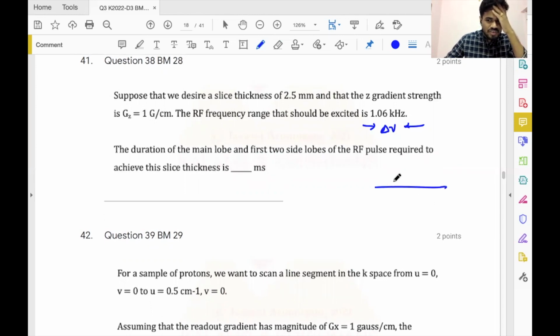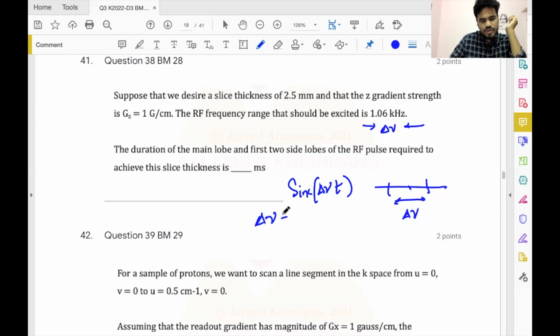If you want frequencies in the range delta nu, the corresponding sinc wave we are looking at is sinc of delta nu times t, right? The first zero will occur at delta nu t equals 1.